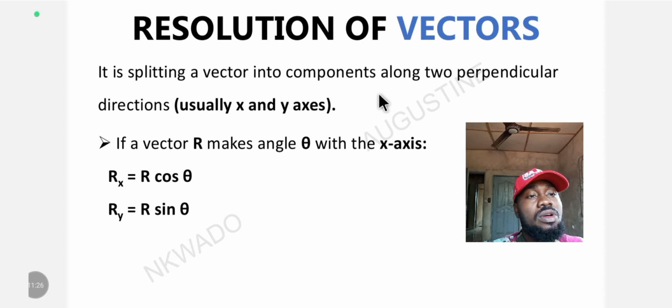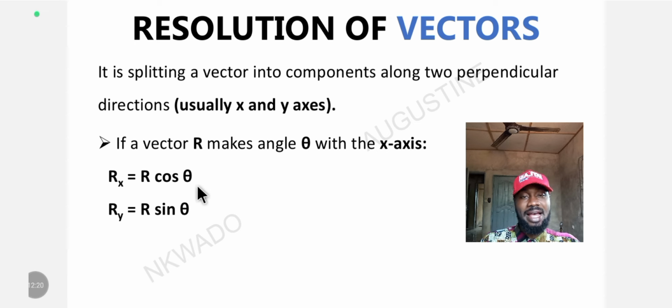Resolution of vectors. What is resolution of vectors? It is splitting a vector into components along two perpendicular directions. You are splitting a vector into two components along two perpendicular directions. And what are these two perpendicular directions? X-axis and Y-axis. So if a vector R makes an angle theta with the x-axis, R for x-axis, Rx, that's why you are seeing Rx here. R for x-axis is equal to R cos theta. If a vector R makes angle theta with the x-axis, we are going to use this formula: Rx, that's for the x-axis, is equal to R cos theta.